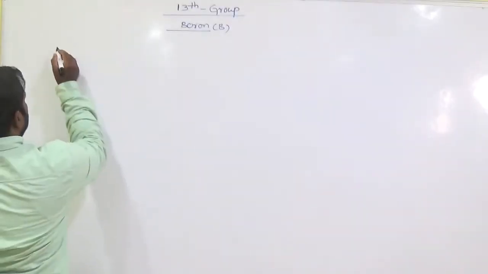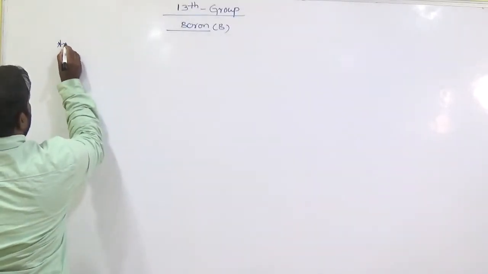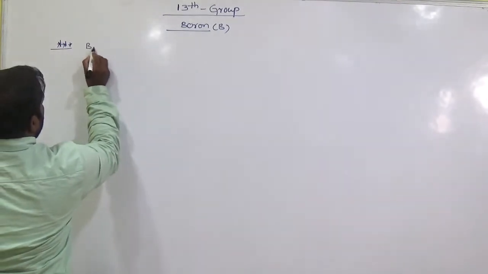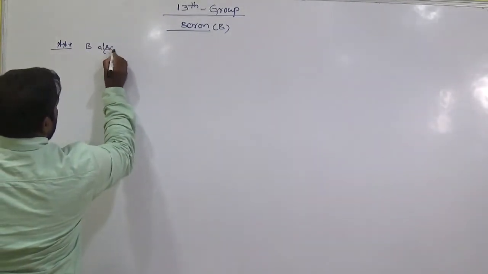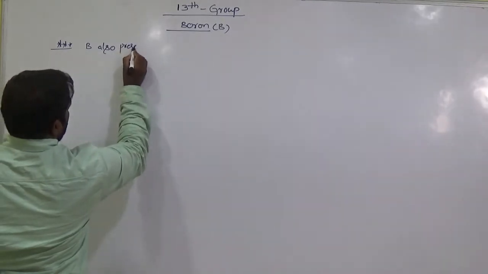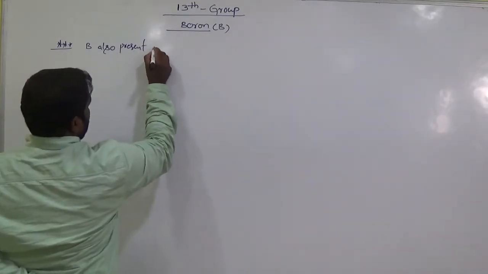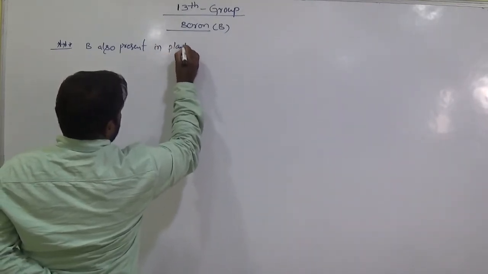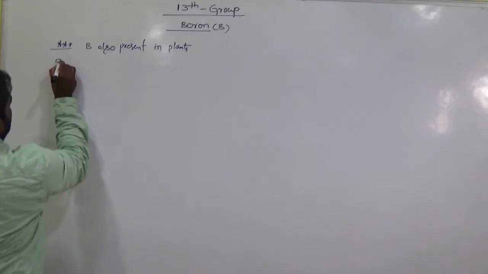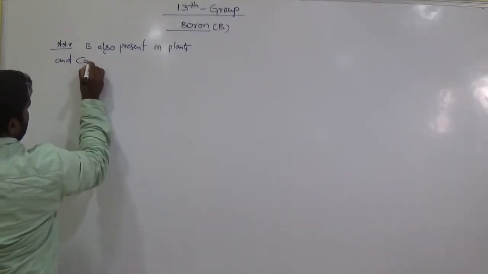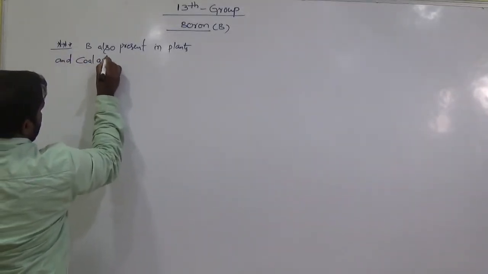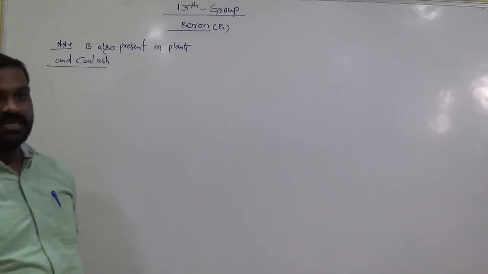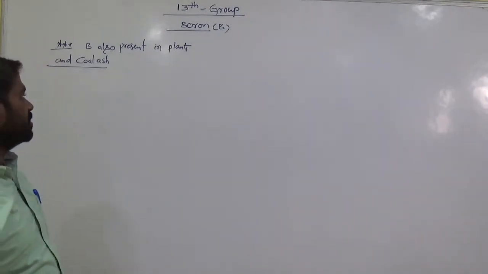Right here, one more important point: boron is also present in plants and coal ash. Okay, coal means nothing but carbon.